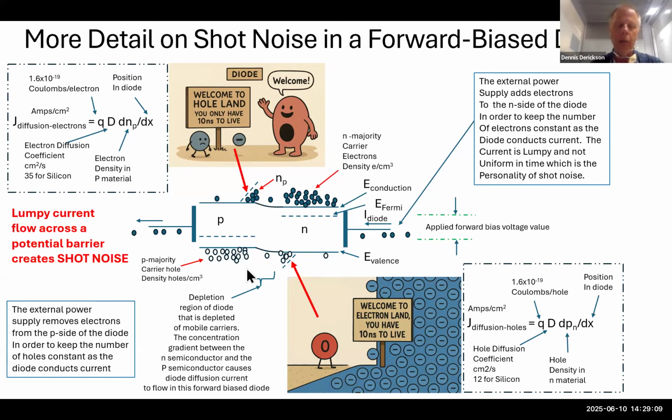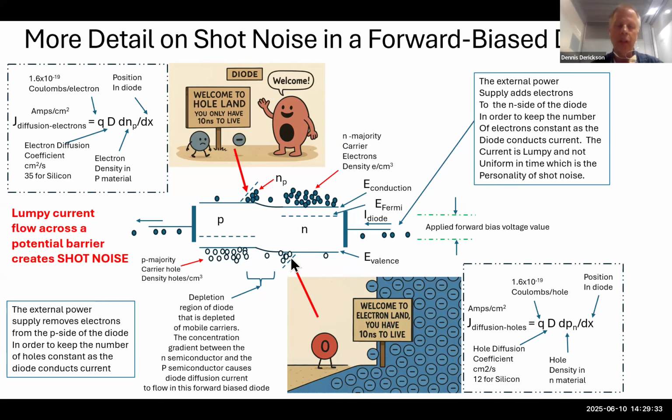Similarly, we have holes right here that are majority carriers, and we have hardly any holes in the N-type material. They will start diffusing across the barrier. And here's a sign that says, welcome to electron land. You have 10 nanoseconds to live. So as those holes diffuse into the N-type material, they're quickly eaten up by the large population of electrons.